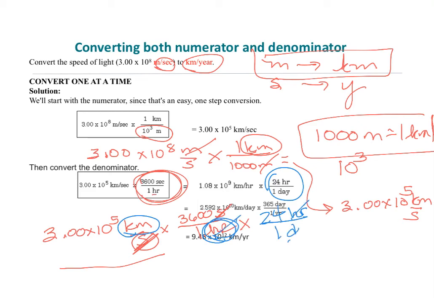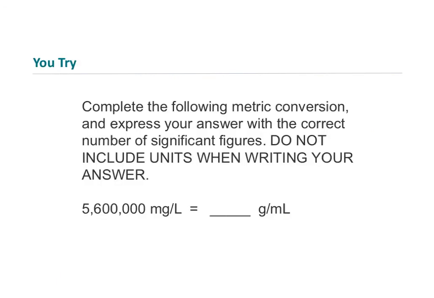All right, so now we have days as our unit, and we know there are 365 days in 1 year. All right, go through that, make sure you understand it, because that's going to be more like the type of problem you're likely to see on an exam.